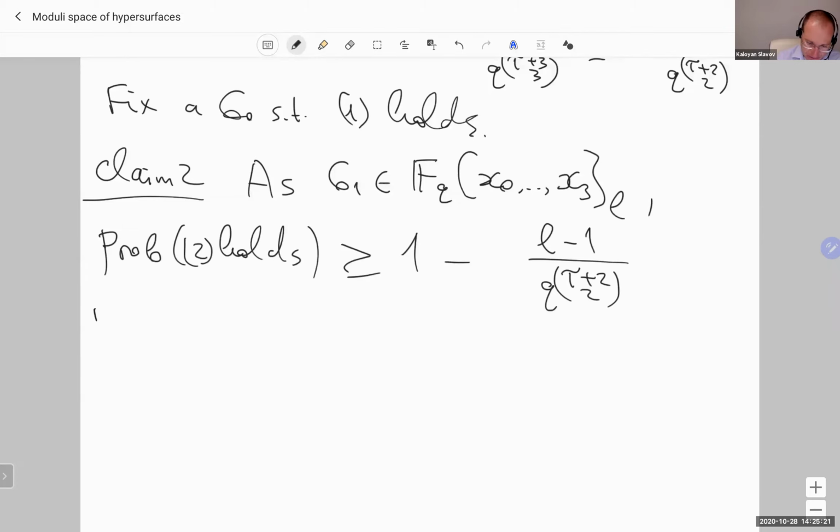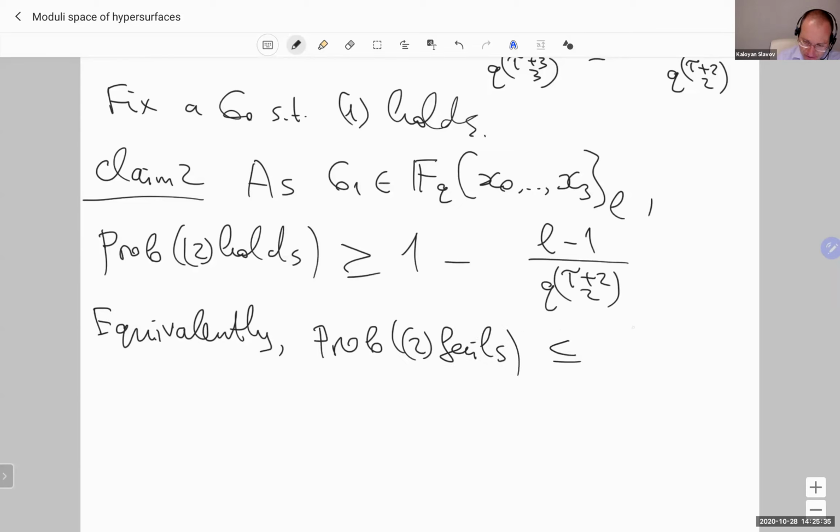Now let me just say equivalently, if it's more convenient to think equivalently, the probability that 2 fails is less than or equal to (L minus 1) divided by q to the (tau plus 2 choose 2). We're going to prove it in the language of 2 failing, and then we'll be using it as written in the claim, the probability that 2 holds. We'll be using the lower bound for the probability that 2 holds.